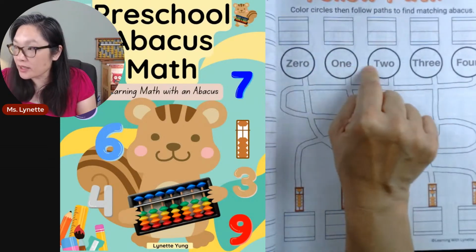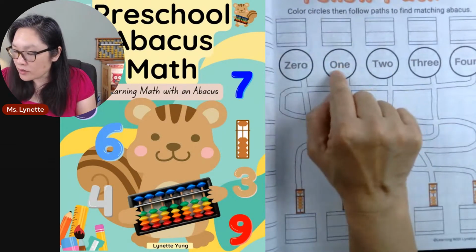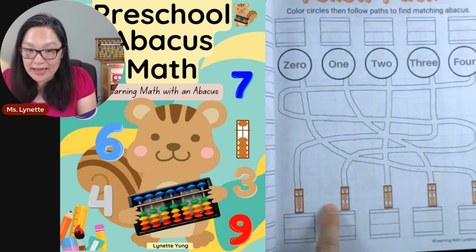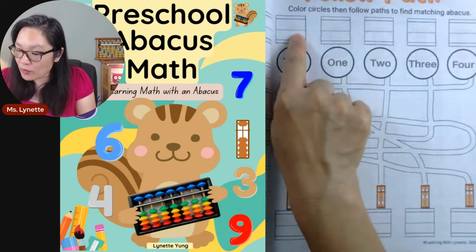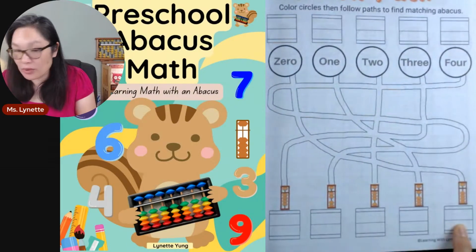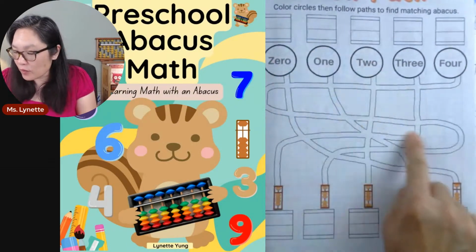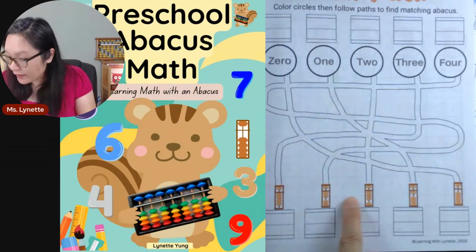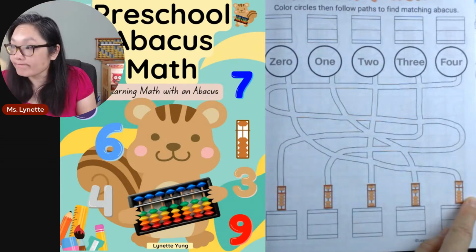They see and they read the number 0, right? Or they know that this is the word 1, and then they have to find the abacus that goes with it. They need to write the number at the top, write the number at the bottom, and then find their way to it. So if this is 1, they have to find the abacus that's at the bottom of the 1.